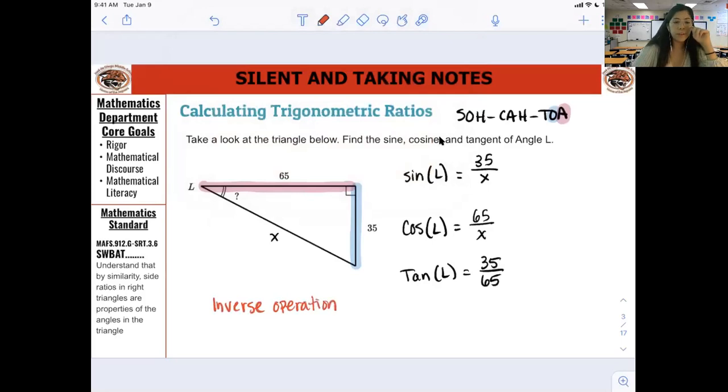The inverse operation of each of these, the way that you write it is sine to the power of -1, cosine to the power of -1, and tangent to the power of -1. That's the inverse operations.